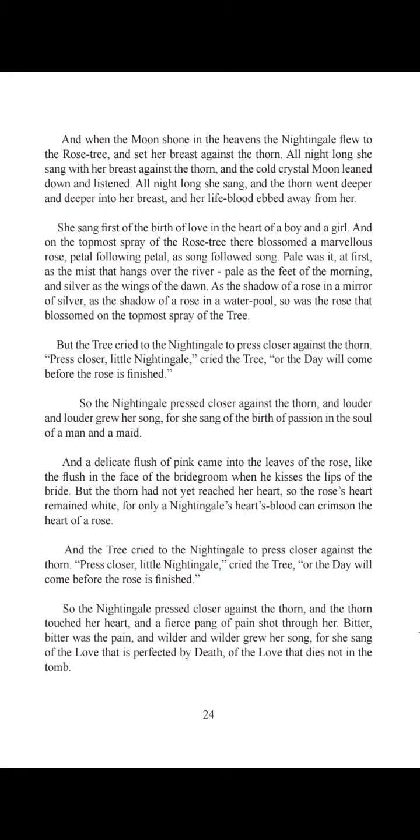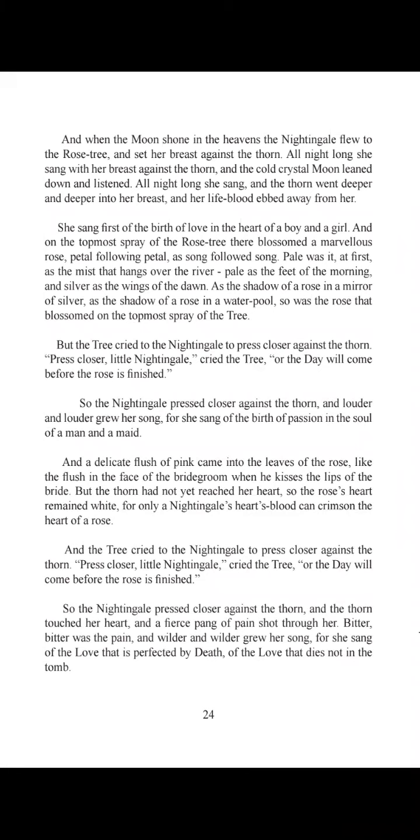Now Oscar Wilde is showing that fairy nature. The moon did not really lean down to see the nightingale's song, but it is an exaggeration, hyperbole. Hyperbolically, Oscar Wilde is telling that the moon leaned down because it wants to listen to the song.